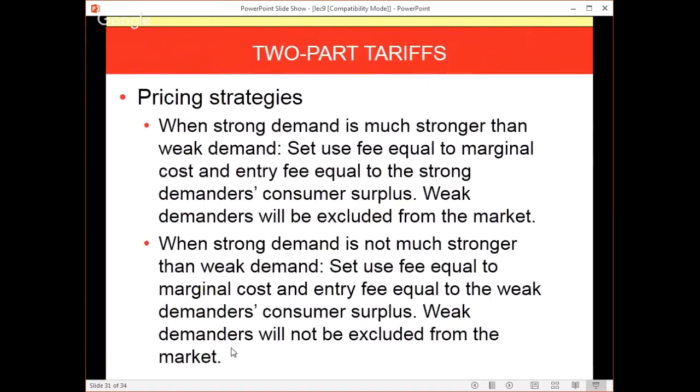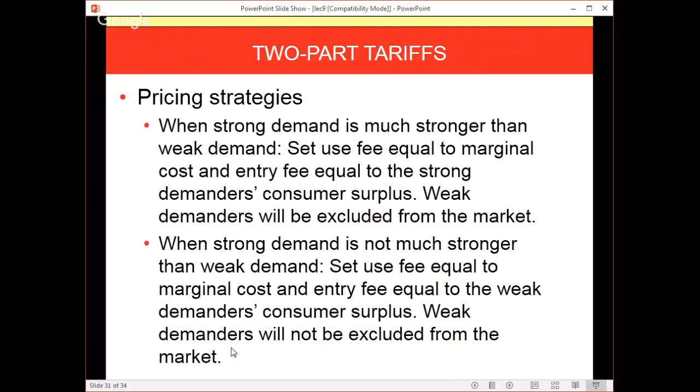When the strong demand is much stronger than the weak demand, what I want to do is charge a fee equal to marginal cost and an entry fee, a membership fee, a cover charge, whatever it might be, equal to the consumer surplus of the strong demanders. What that's going to do is that cover charge is going to be too high for those who have weak demand, and they're going to exclude themselves from the market. They're not going to pay the membership fee or the entry fee or whatever it might be.